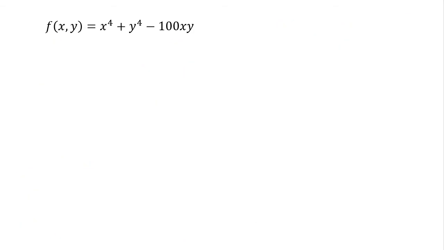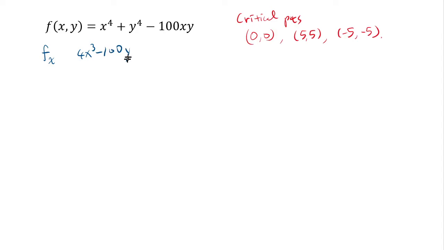Okay, so we found that the critical points are 0, 0, 5, 5, and negative 5, negative 5. Okay, now let's move on to calculate the Hessian. So remember that fx is 4x cubed minus 100y.